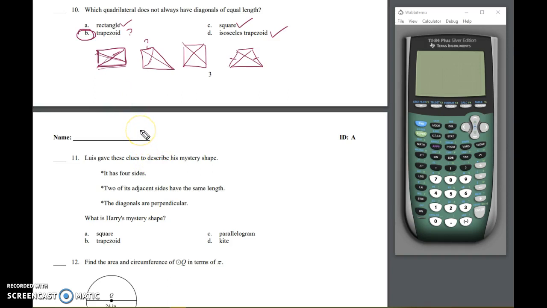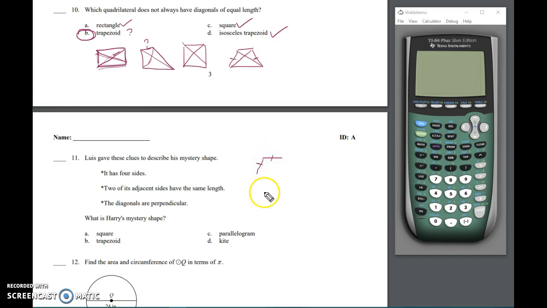Okay, number 11. Lewis gave these clues to describe his mystery shape. It has 4 sides, two of its adjacent sides have the same length, and the diagonals are perpendicular. Well, that kind of sounds like a rhombus, except for one catch.